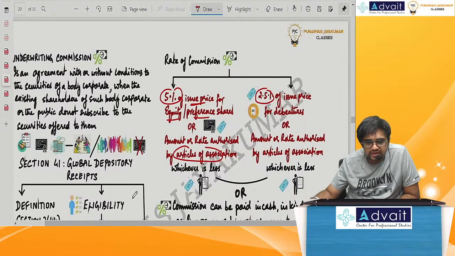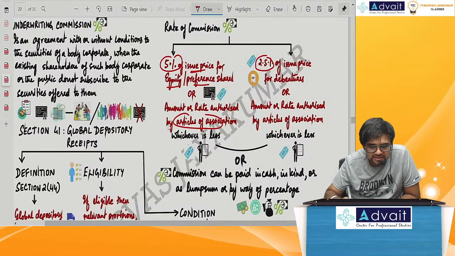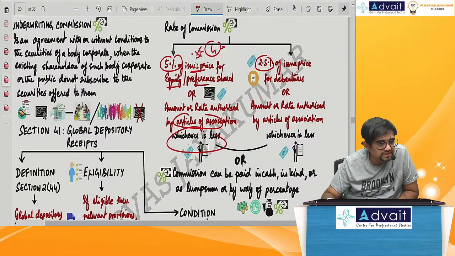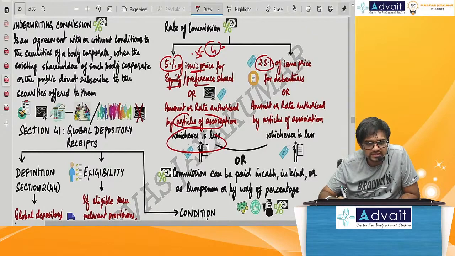That's the thing. It is 5% or amount in the articles whichever is less. This is very, very important. Many 4 marks questions have been asked in this. So please, remember this percentage. For shares, how much is it? Equity and preference, 5% of the issue price or rate authorized by the articles, whichever is less.